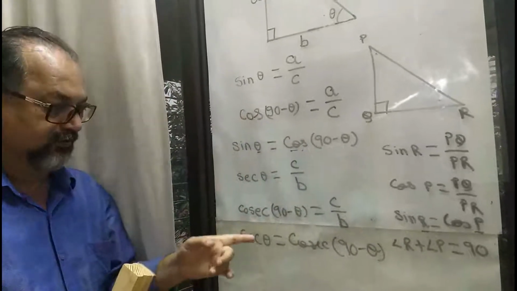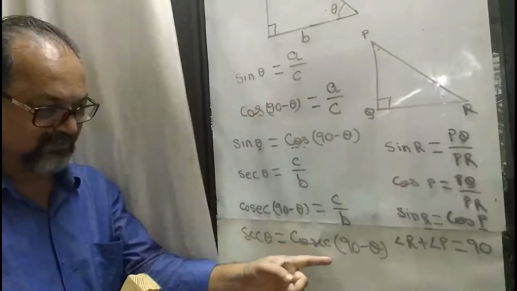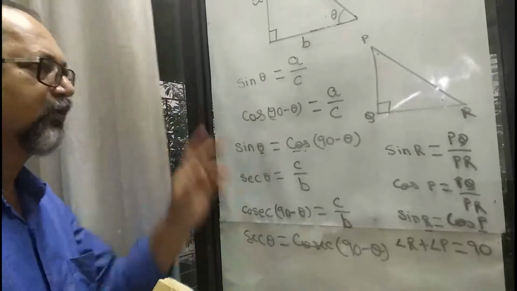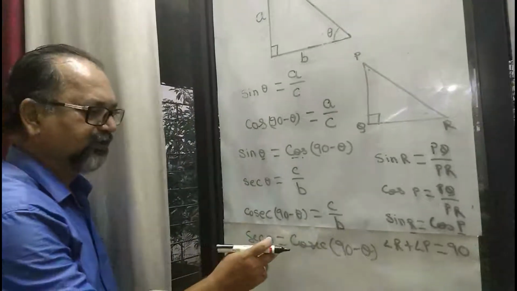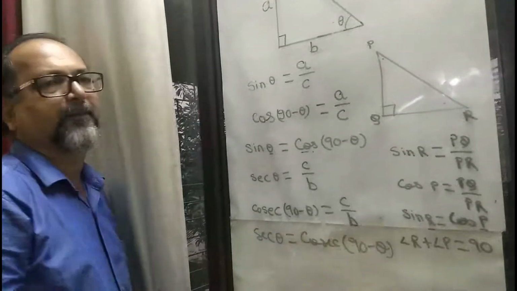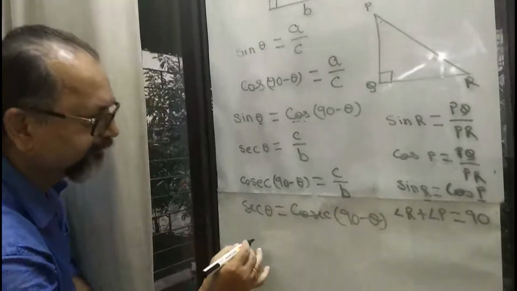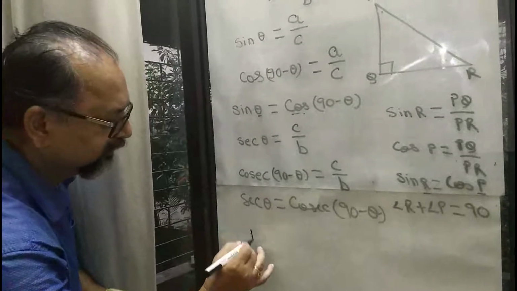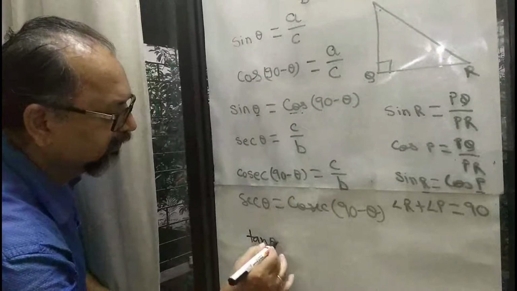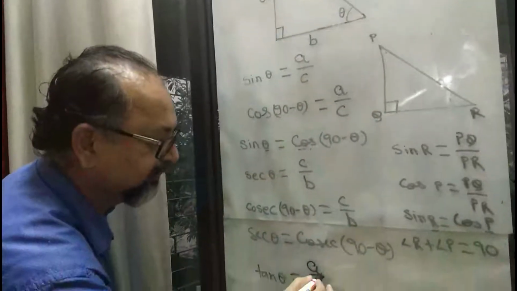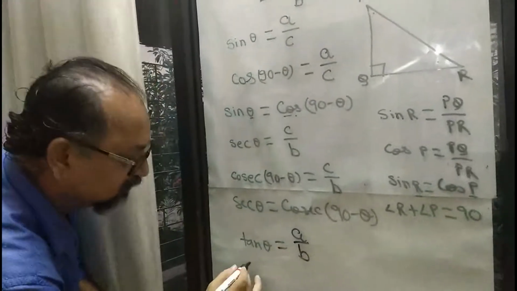We use cosec; co stands for the complementary ratio. We call them complementary ratios. So sec theta is cosec 90 minus theta. In the same way, let us find tan theta. We know tan theta in this case is opposite upon adjacent, that is A upon B. And what is cot?